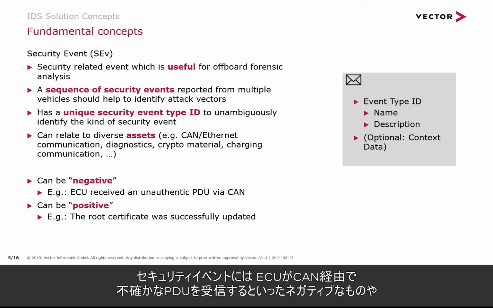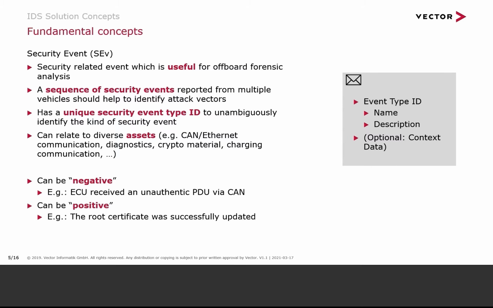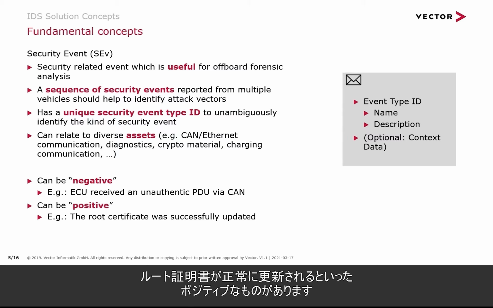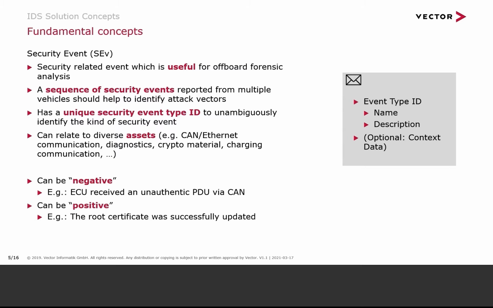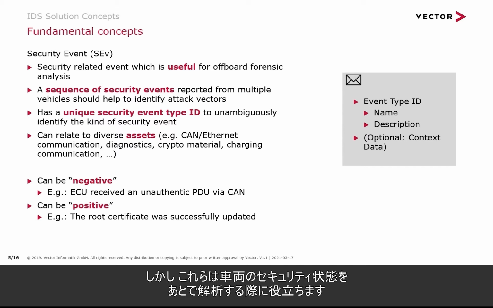A security event can be negative, so for example that some ECU received an unauthentic PDU via CAN, or it can be also something positive, such as that a root certificate was successfully updated. However, it should be useful for a later analysis of the security state of vehicles.